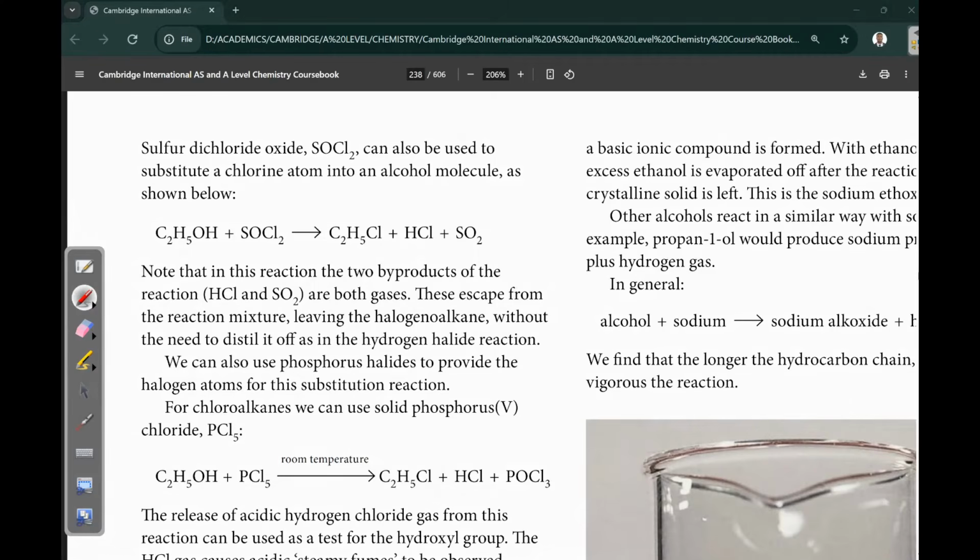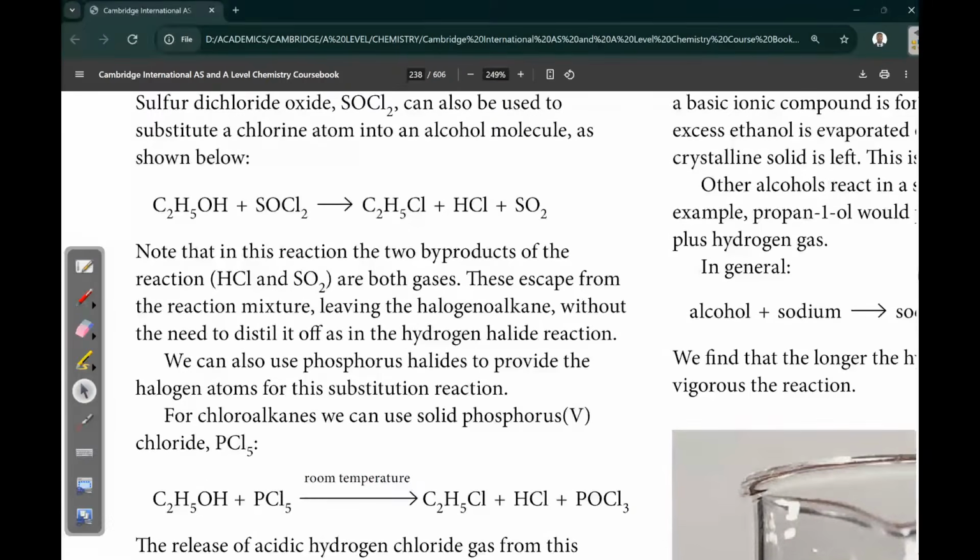You can see sulfur dichloride oxide, which we call thionyl chloride, is here. The reaction is here. So we substitute the OH by the Cl, then you get HCl and sulfur dioxide.